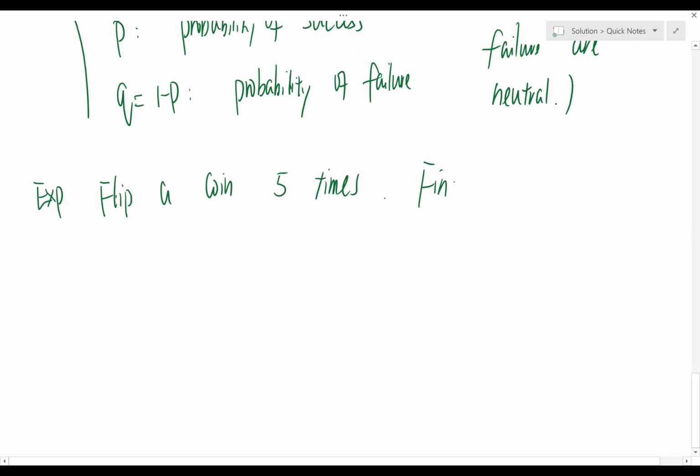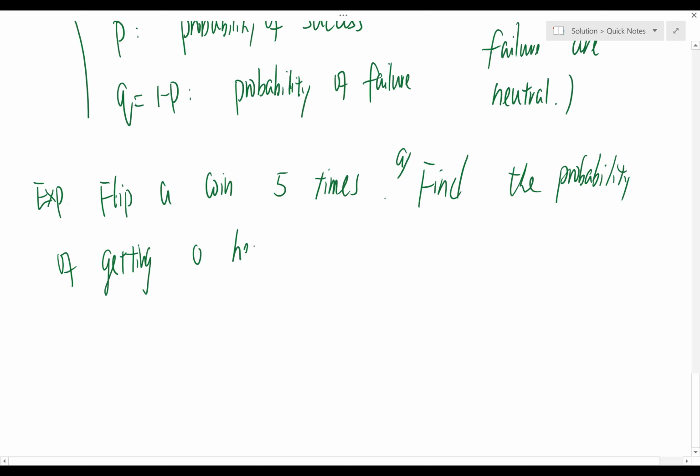This is part A: find the probability of getting 0 head. Again, your focus is still on the number of heads, right? But here you are looking at a very extreme case of getting 0 head.